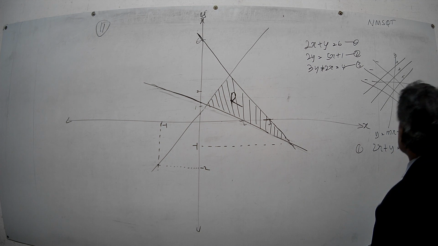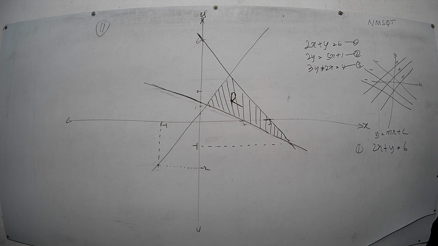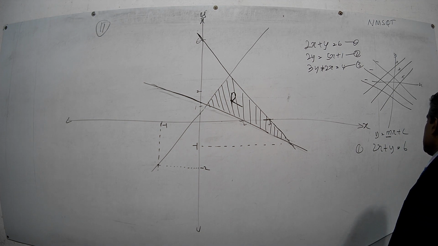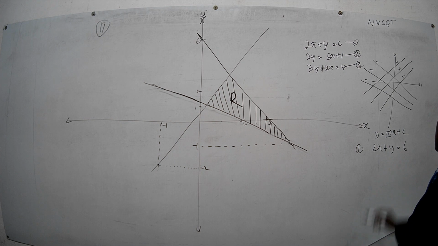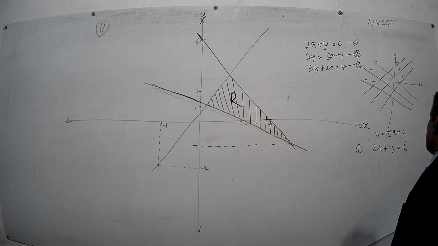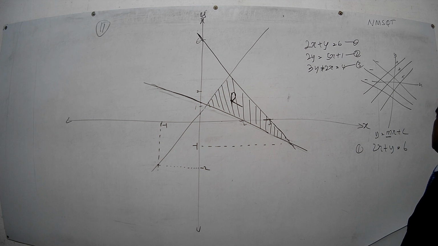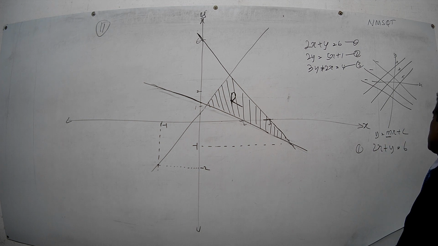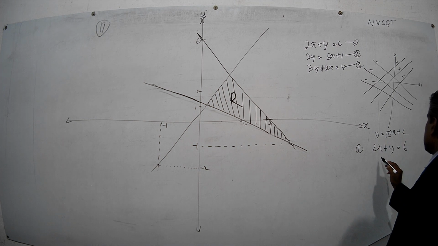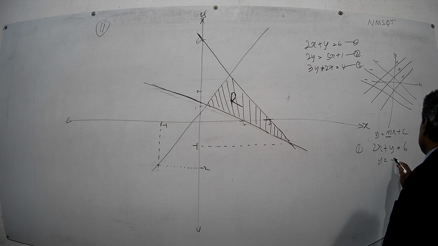If the equation is in the general form y equals mx plus c, this m is the gradient. So we are going to see what the gradient is by transposing for y, otherwise making y the subject, rearranging it in the form y equals mx plus c. Right, then make y the subject here, take that to that side, then it will be y equals -2x plus 6.